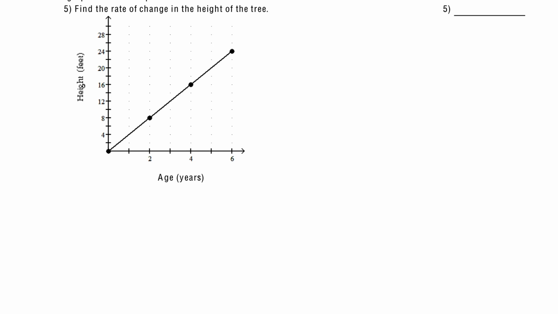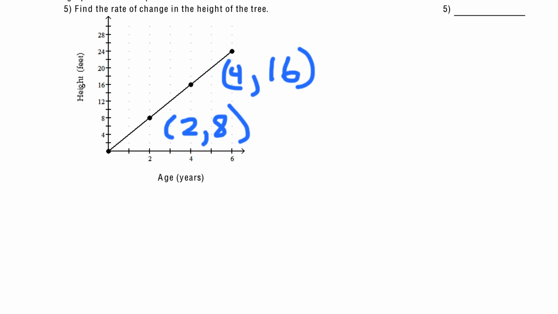Okay, so this point is 2, 8, and this point here, the middle point, is 4, 16. Since it doesn't matter which I make which, I'll make this my x1 and this my y1, and this will be my x2 and then my y2.